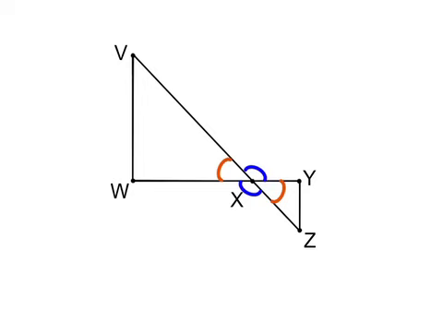There are other angles in this diagram that look to be congruent, and in fact, I believe there are two angles in this diagram that appear to be right angles, but we're not allowed to assume that without being given some more information. Because of what we now know about vertical angles, we are allowed to assume that the two angles marked with orange arcs are congruent and the two angles marked with blue arcs are also congruent.